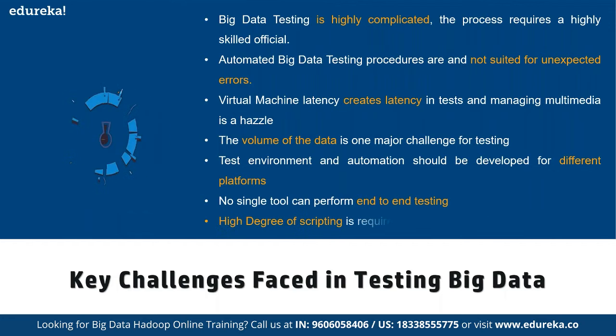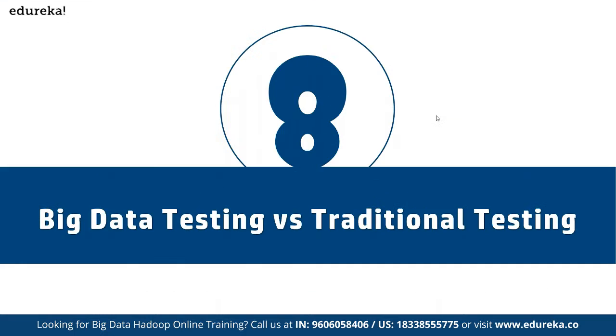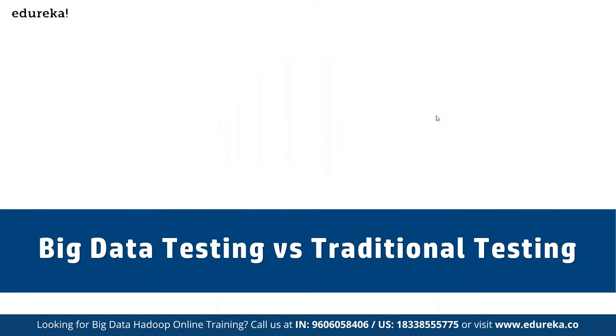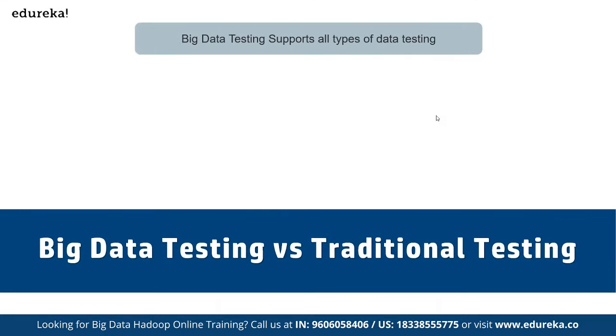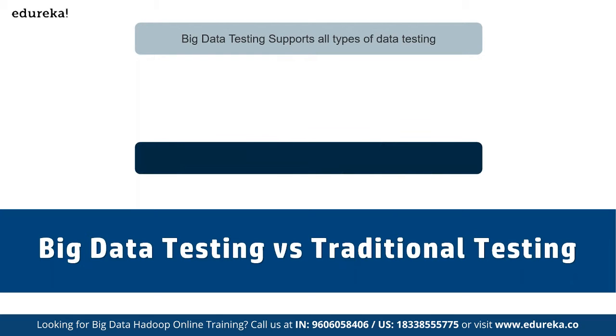So if we talk about the comparison between traditional testing and big data testing, first of all, big data testing supports all types of data, whereas traditional testing supports only structured data by default.